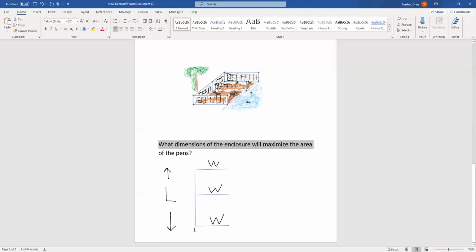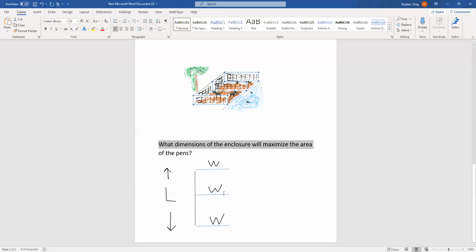And then we have a longer side here. Well, not necessarily longer. We don't know what the dimensions of any of this are at the moment. But the idea is, if you were given this fencing and you were asked to create an enclosure on the side of the river, how should you use the fence so that you maximize the area you can have here, for the 100 feet of fence that you have available?